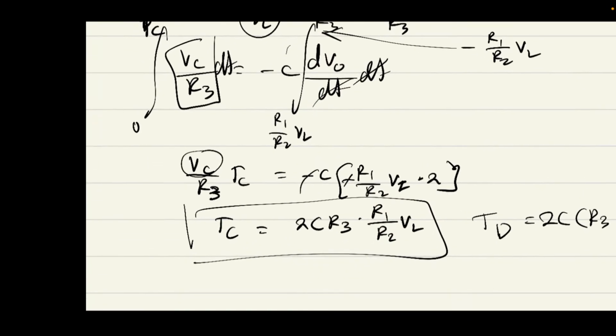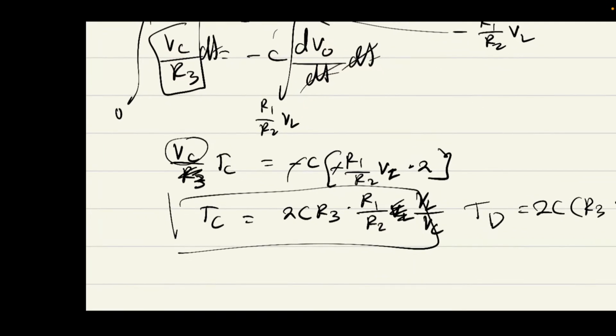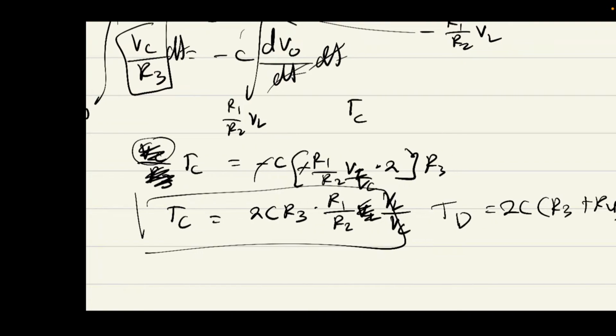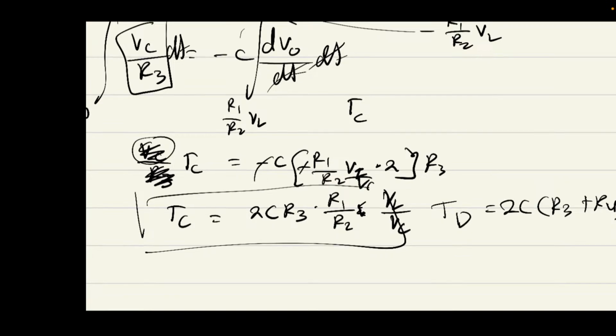Where did my VC go? VL on VC. Wait, did I even write out the final expression? No, I didn't. Sorry. Okay, sorry, quick correction, TC. So TC is 2C times R3 times R1 on R2 times VL on VC. And then that's it, yeah. Thank you.